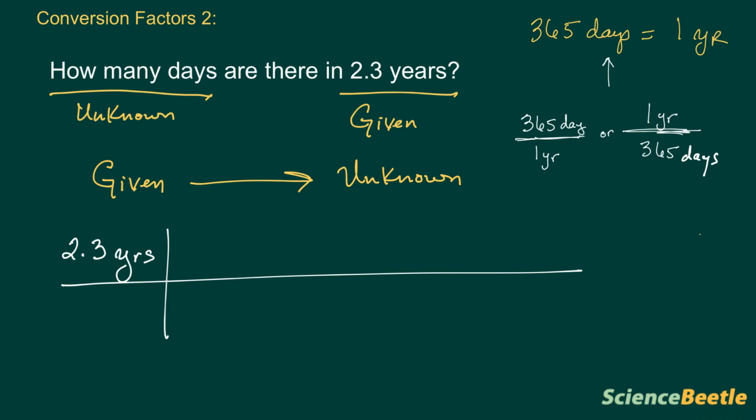So whatever fractions you've got for conversions, you want to use the one in which the units that you are looking for are in the numerator. So if I look at this carefully, the two conversion factors here, which one has the units of days, because that's in my unknown, that's what I'm looking for? Which of these two fractions has days in the numerator? Well, if I look at this one here, the units here are years. But if I look at this one over here, the units are days. So the one I want to use is actually this one right here.